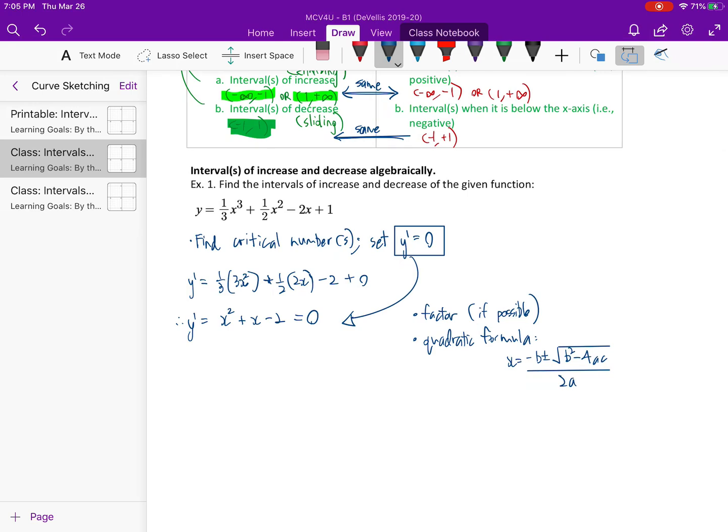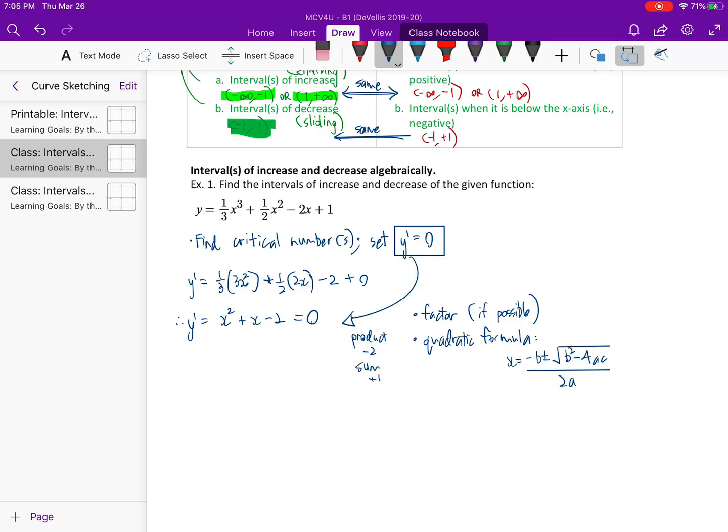Factoring, if it's possible, is faster. But if you're not a fan of factoring, or if you recognize that it's not a factorable quadratic, then the quadratic formula is the way to go. Let's try to factor to see if we can expedite things here. We want two factors that make a product of negative 2 and whose sum is positive 1.